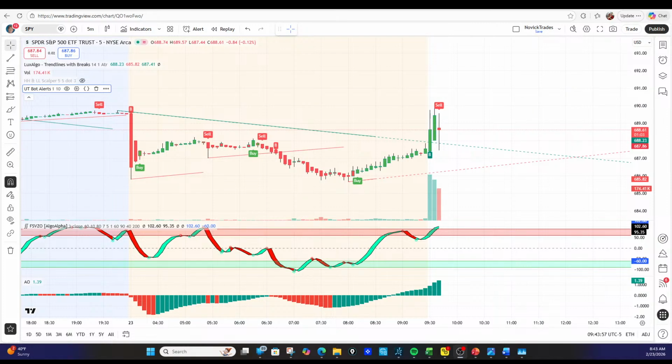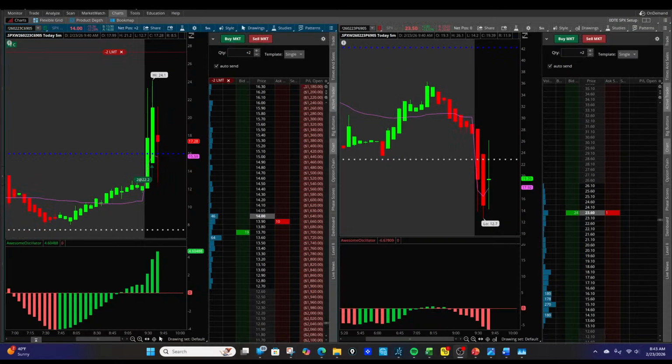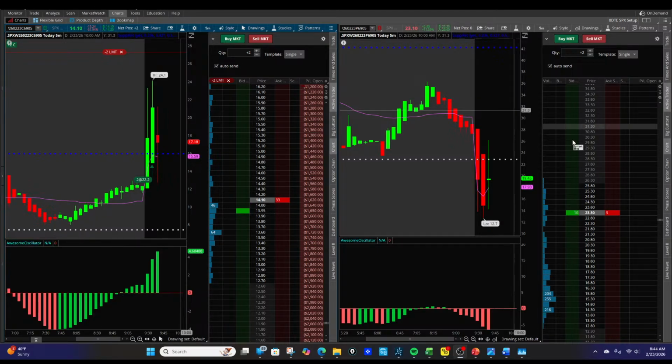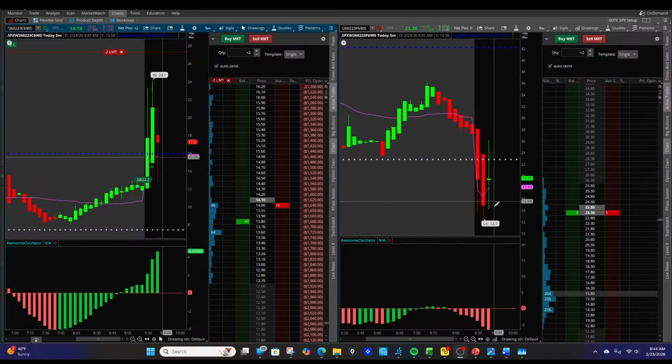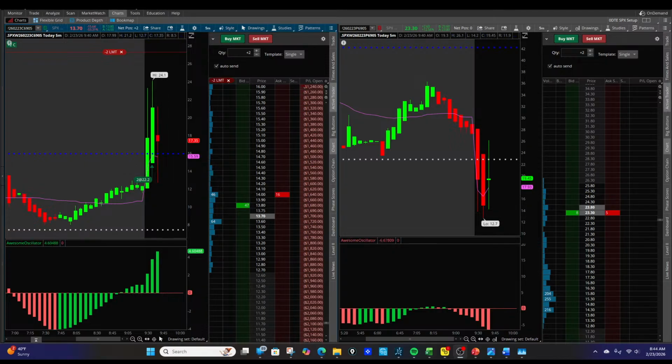Okay, let's go back. Oh, it's never good when we see these dojis here with the long wicks. Not sure what's going to happen with that.